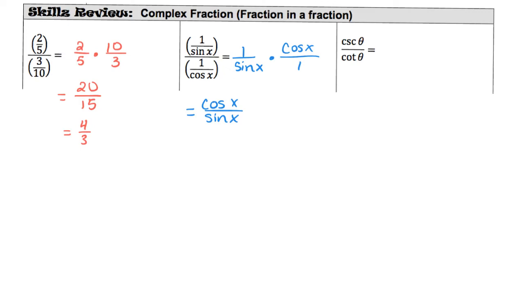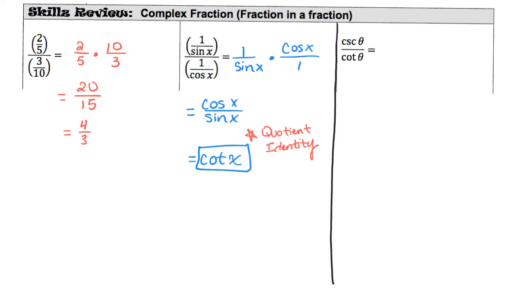Cosine of x over sine of x is a quotient identity. Because of this quotient identity, I know I can replace cosine of x over sine of x with the trig expression cotangent of x. So my final simplified form is cotangent of x.